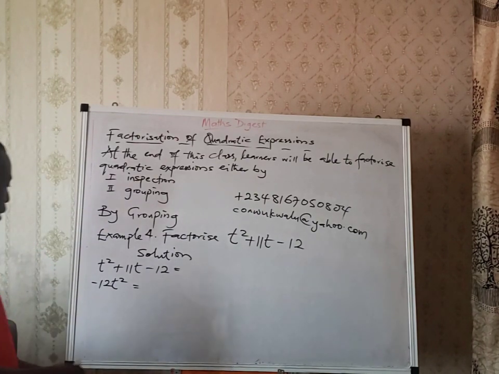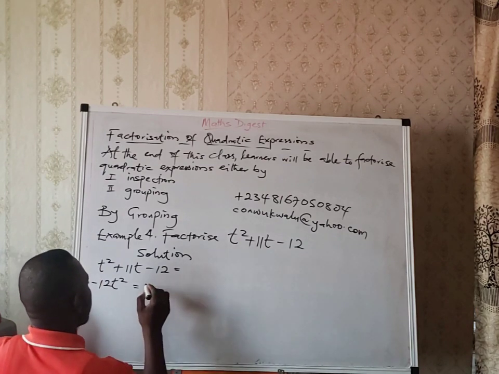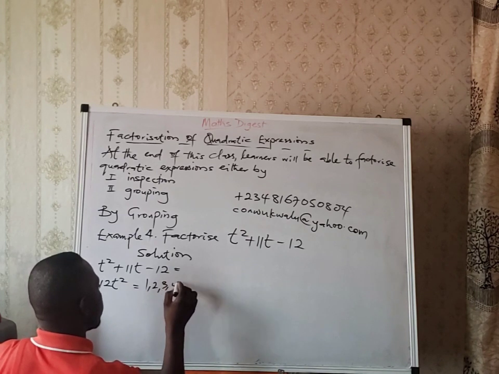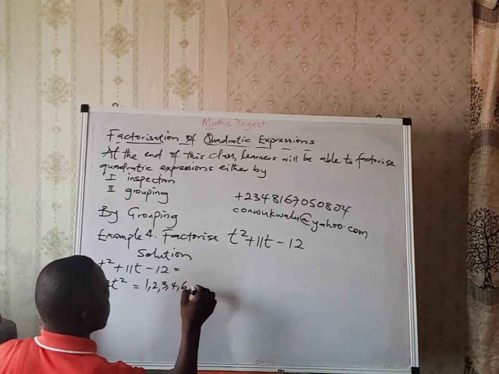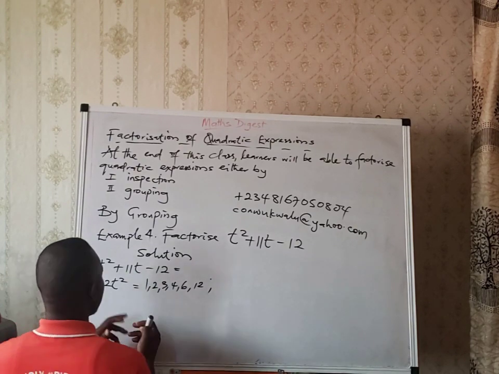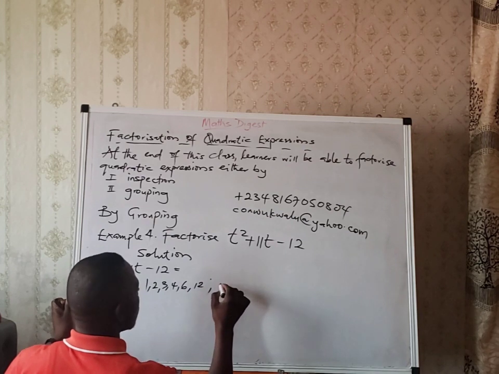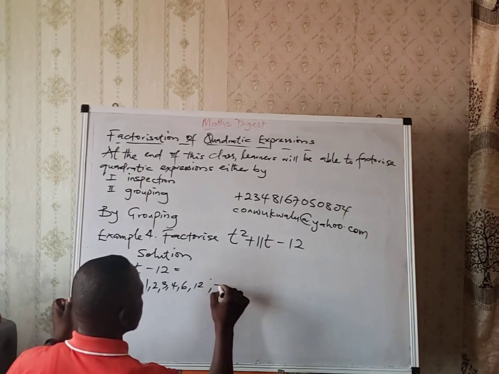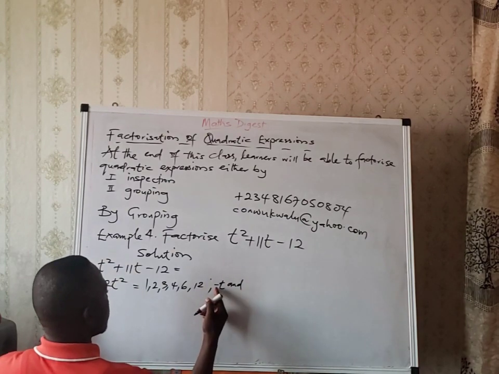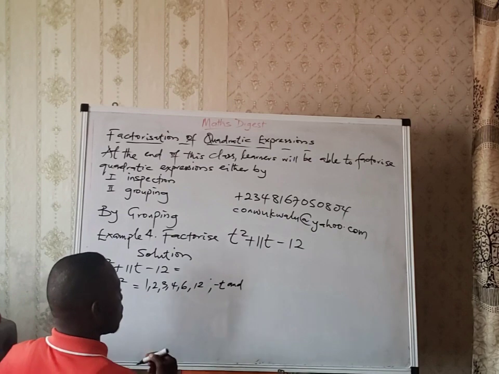When we look at factors of 12, we can have 1, 2, 3, 4, 6, and 12 itself. Now from here, we look for the combination that will satisfy this. We can say minus t, and remember the coefficient here is 1, so we don't write minus 1t.